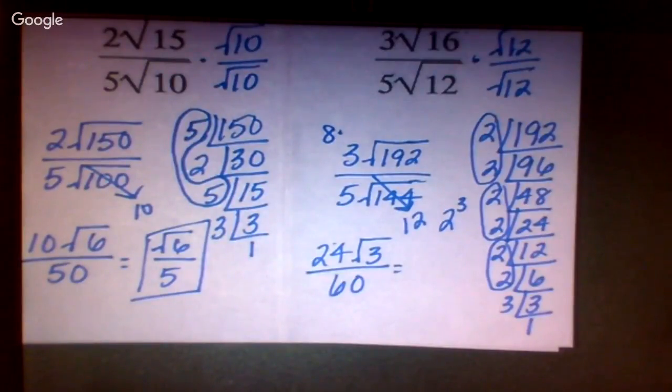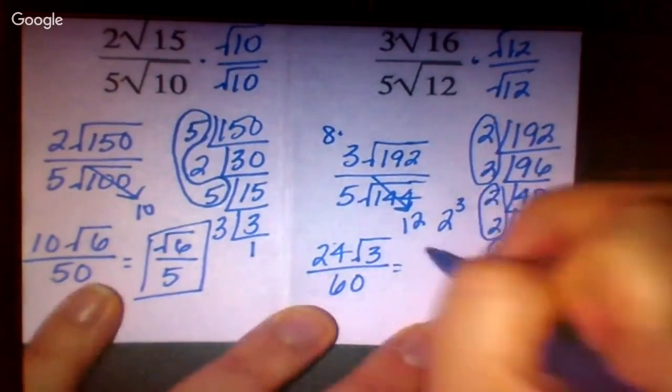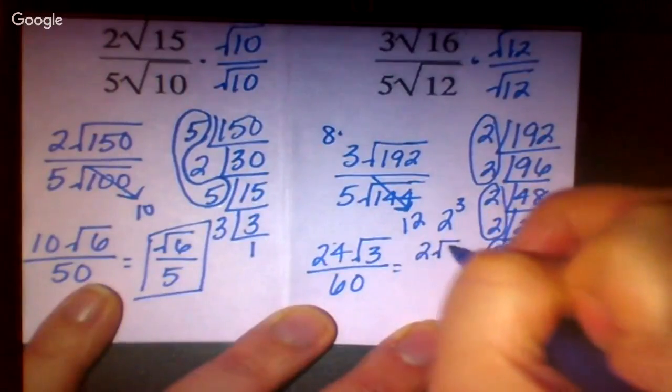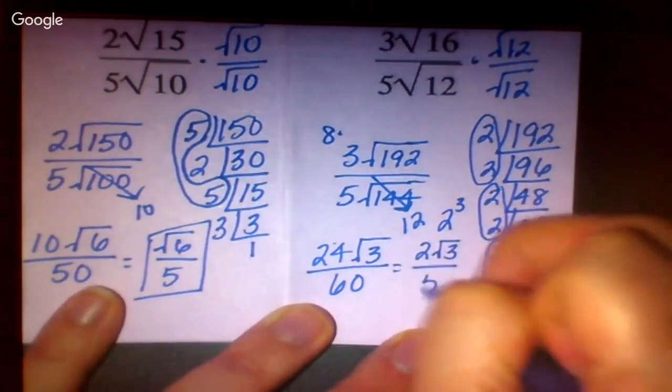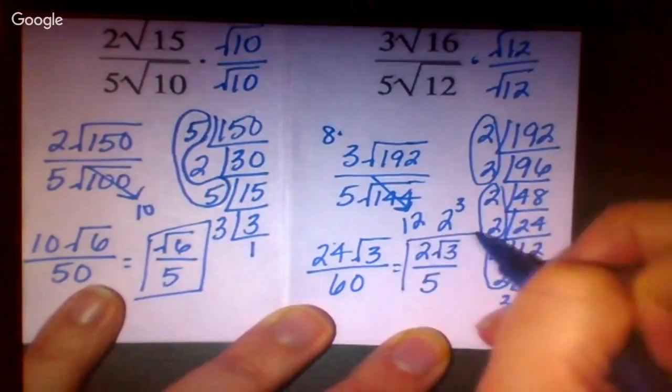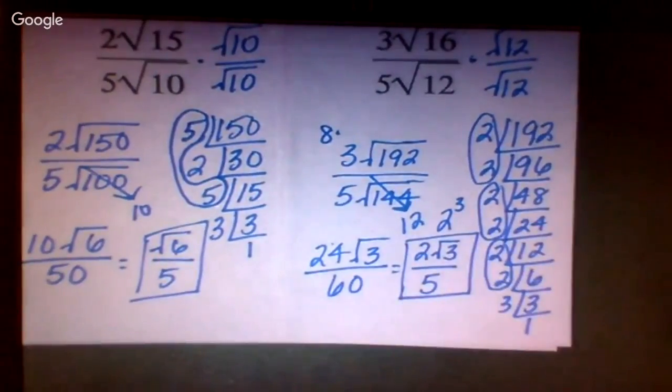If you can't do it in your head, type 24 divided by 60 in your calculator, then change it back to a fraction: hit math and choice 1. You said 2/5? So that's a 2 in the top with the square root of 3 and a 5 in the bottom. And there's your answer.